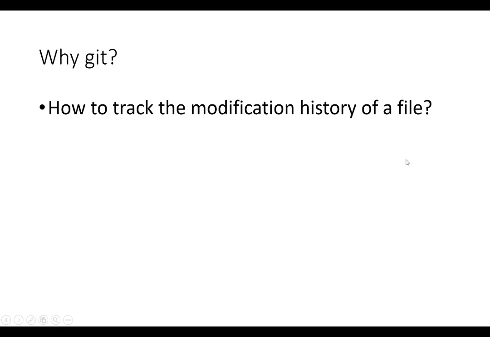Suppose you write an article. You may modify your article several times, and you want to keep some previous version of this article. How to check the modification history of a file?